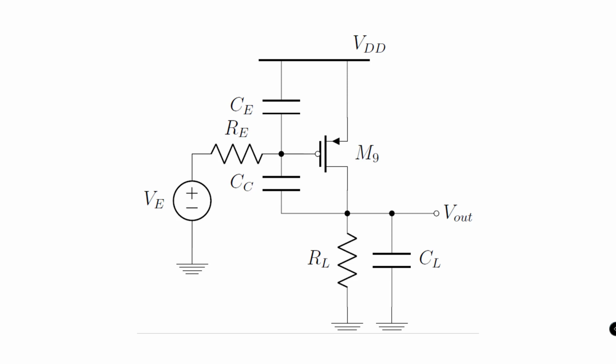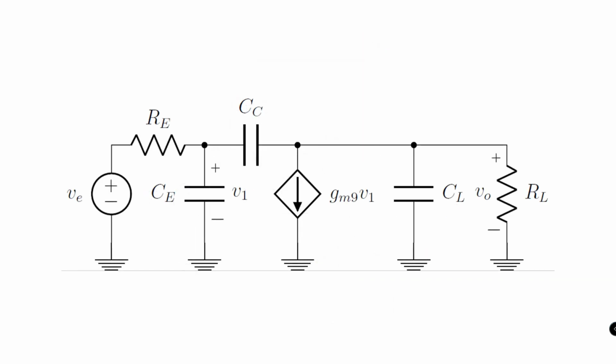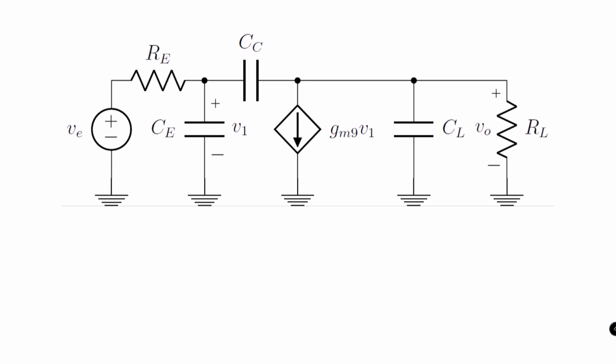And the first stage is now replaced with this Thevenin's equivalent resistance Re and Thevenin's equivalent voltage VE. Now, let us convert this circuit topology into a small signal model to evaluate its transfer function. Let us begin to evaluate the transfer function.